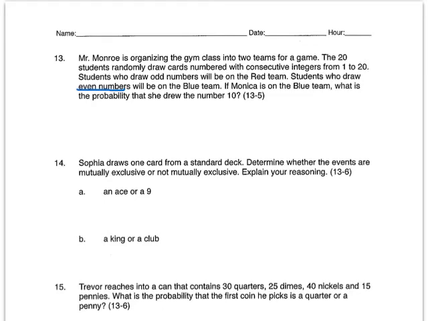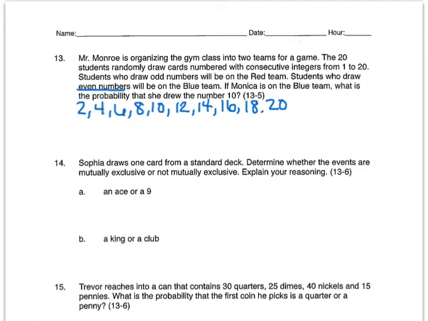If I had just asked, what is the probability that she drew 10? 10 is one of the cards out of 20, so it would be 1 out of 20. But because I know she drew an even number, that means out of the 20 numbers, her only possibilities were 2, 4, 6, 8, 10, 12, 14, 16, 18, or 20.